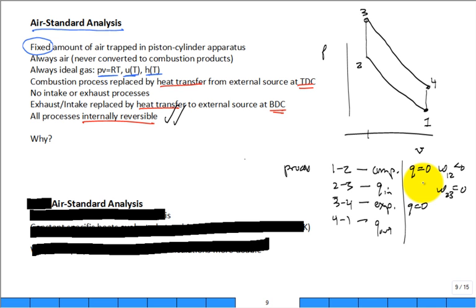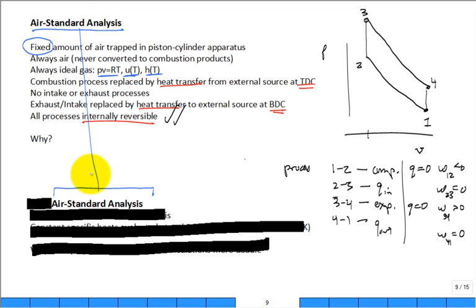The only way we have boundary work is the integral of P dV, and if dV is 0, I don't care what P is doing. P is going up, but there's no dV. All right, what about the work 3 to 4? Large positive. And then the work 4 to 1? 0 again.